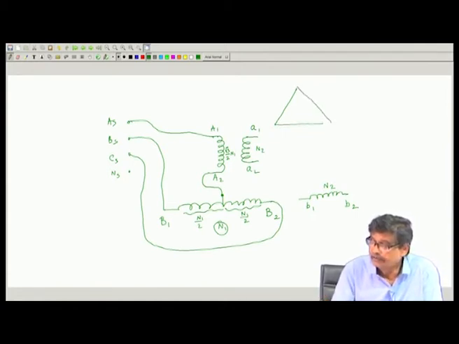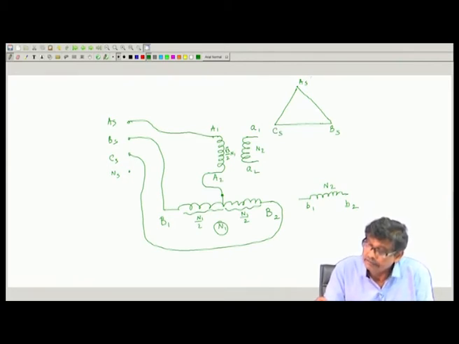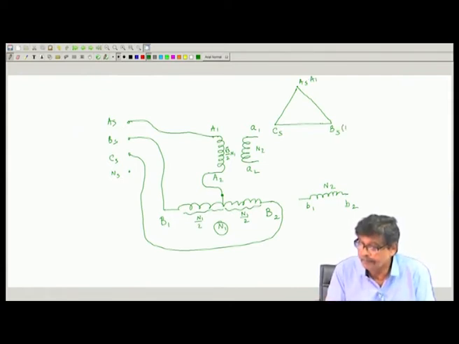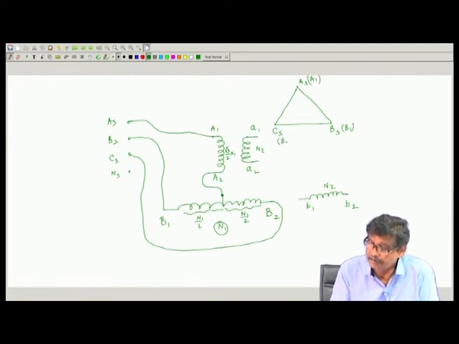So, first I will draw this is AS, this is BS and this is CS. AS and A1 are the same, BS and B1 are the same, and CS with B2 is also the same.